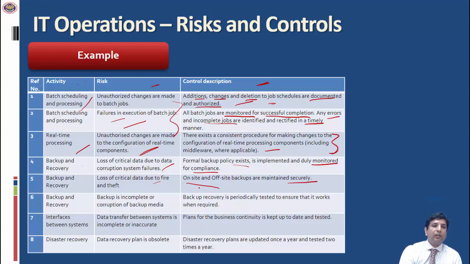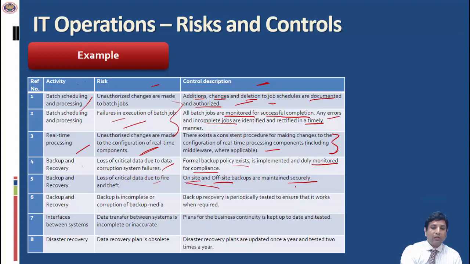On-site is the same site in which the servers or the IT infrastructure is residing, typically a data center. Offsite backup is a remote location in which a copy of the backup is stored. In case something happens to the main site, then the backup which is residing at the offsite can be used for restoration of the data which has been lost.